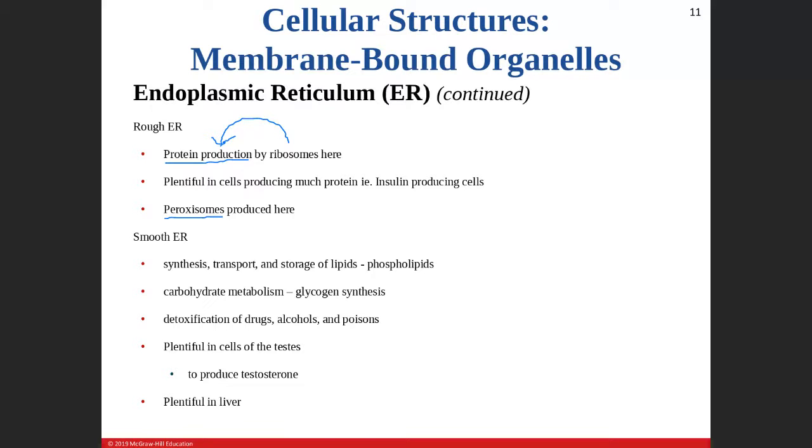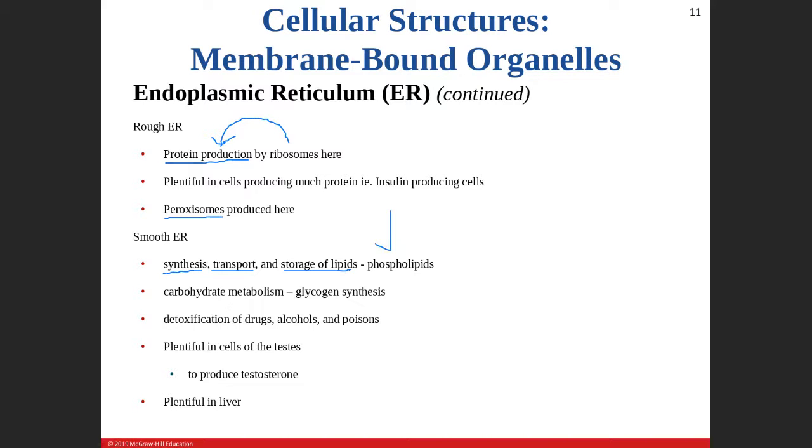The other type of endoplasmic reticulum that we're going to talk about is the smooth. They're absent of ribosomes. Their functions are going to incorporate a lot of synthesis. They're going to be making some stuff. They're going to be helping with the movement of things throughout the cell, and very importantly, the storage of lipids.